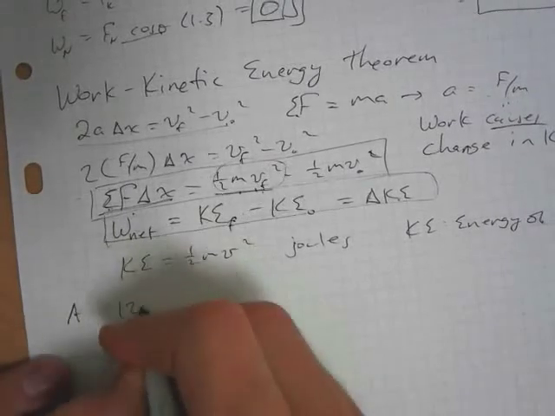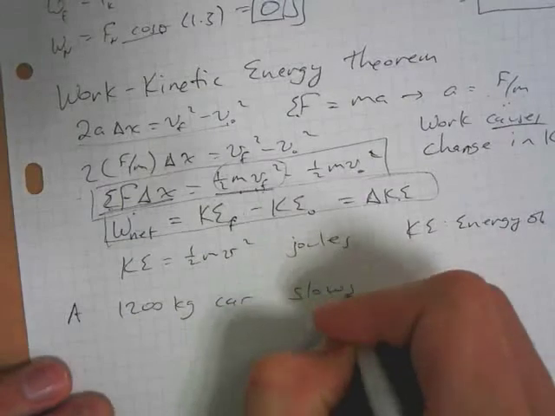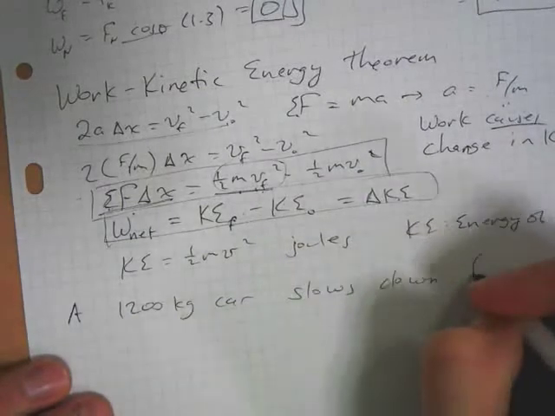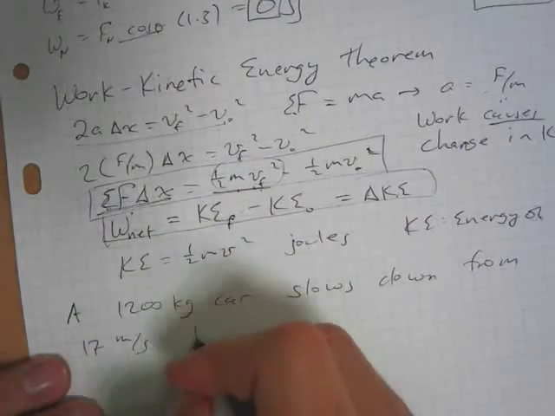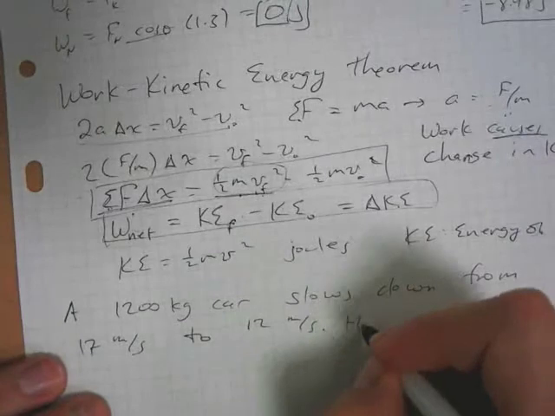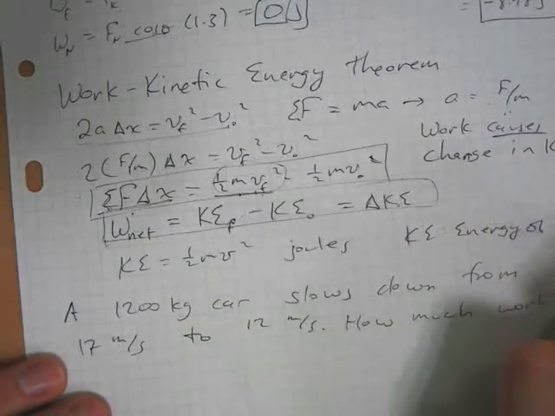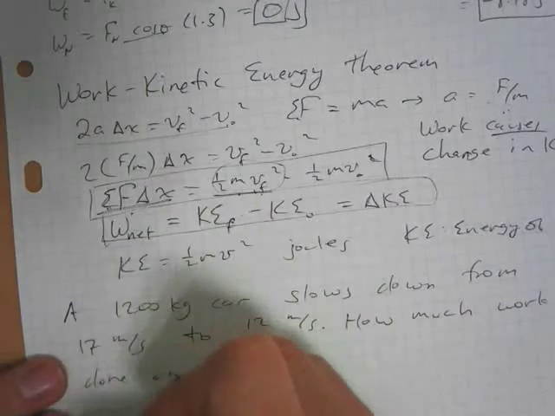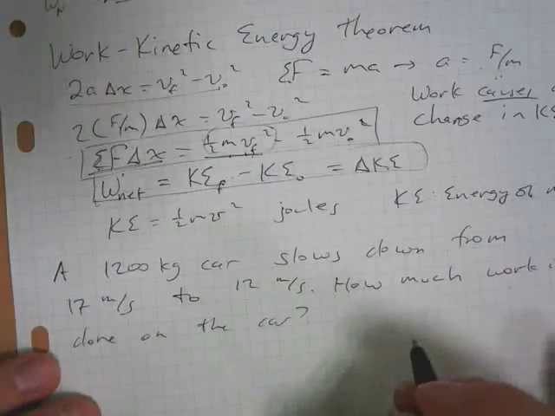We can say something like a 1,200 kilogram car slows down from 17 meters per second to 12 meters per second. How much work is done on the car? And that's just a simple application of the formula.